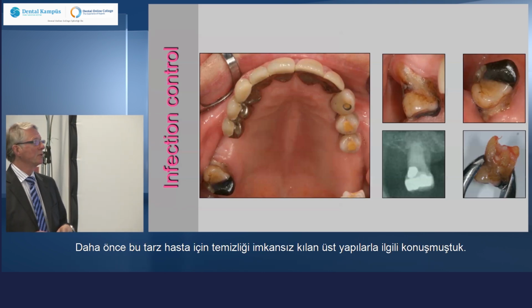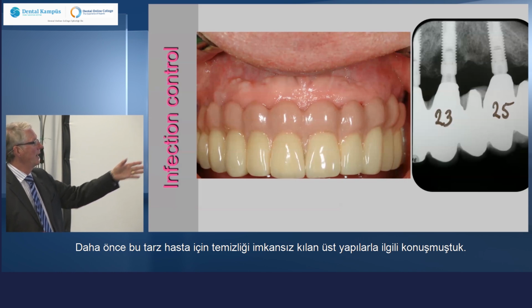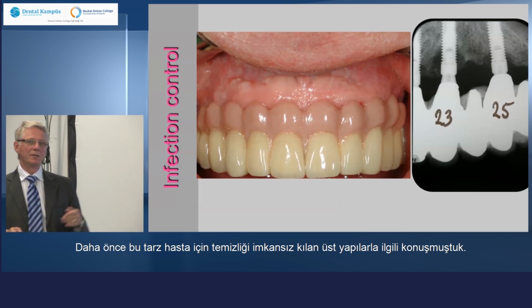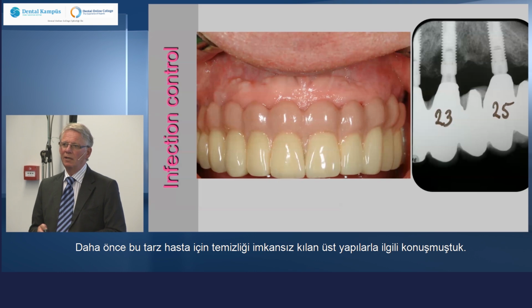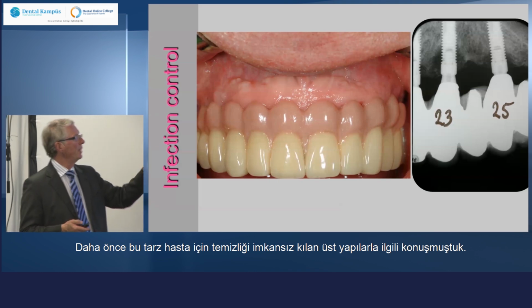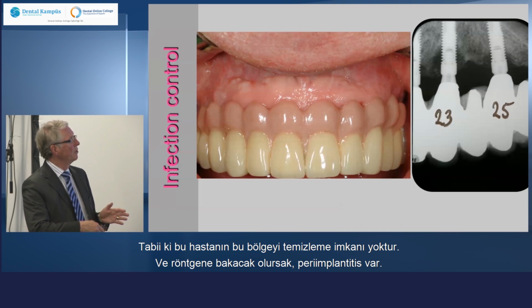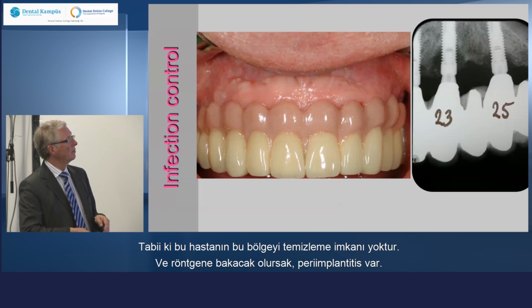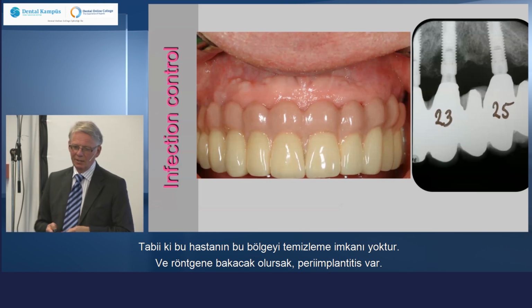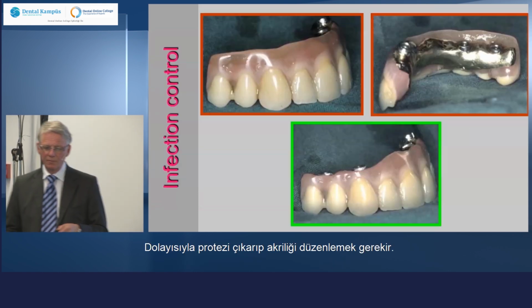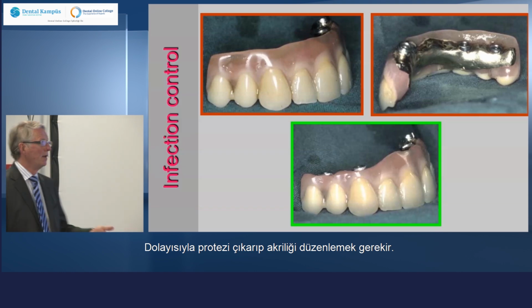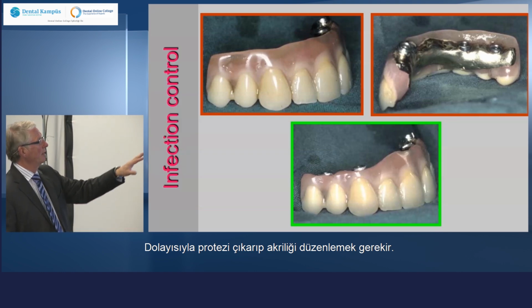We talked previously about these situations with superstructures that make it impossible for the patient to clean. Of course, this patient has no possibility to clean here at all, and if we look at the radiograph, there is periimplantitis. So remove the prosthesis, adjust the acrylic.